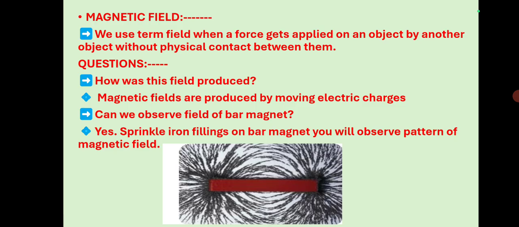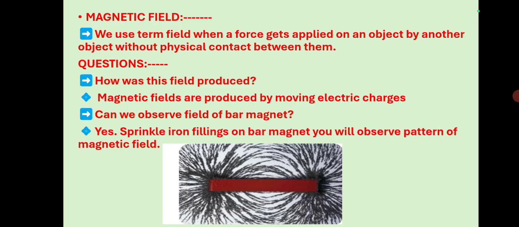Next, paramagnetic substances. Paramagnetic substances have a magnetic field more than that of diamagnetic substances and less compared to ferromagnetic substances. Their magnetism is more compared to diamagnetic. Now next, ferromagnetic.